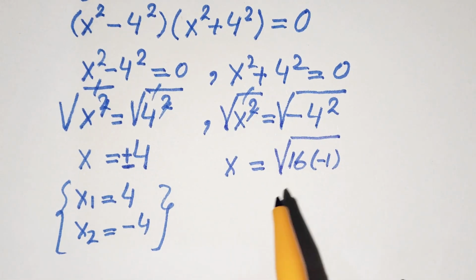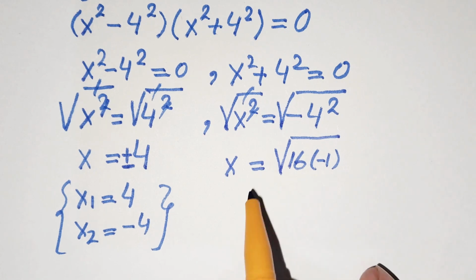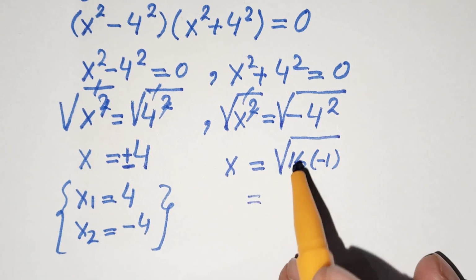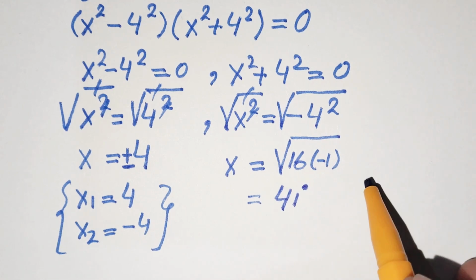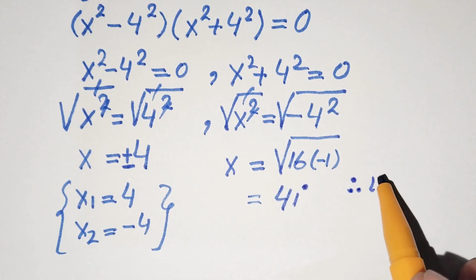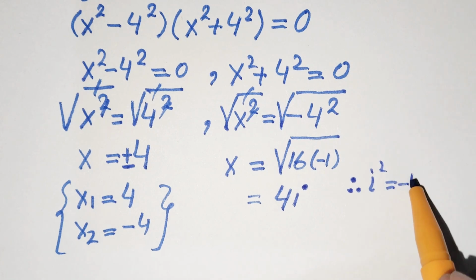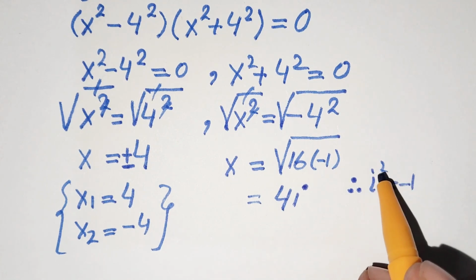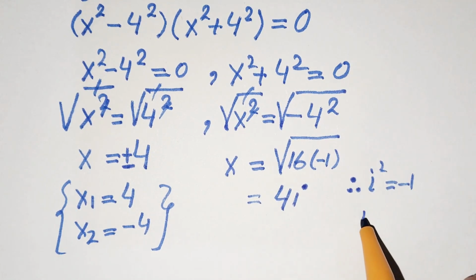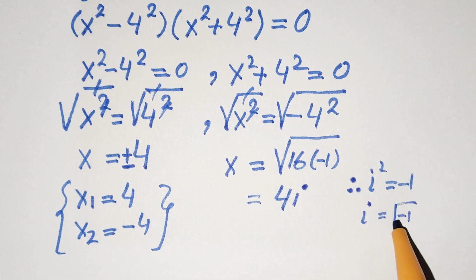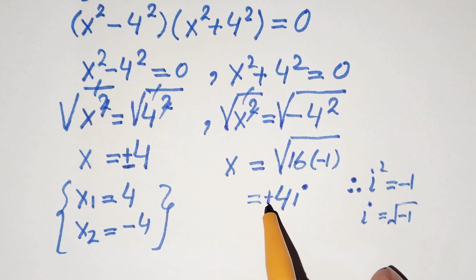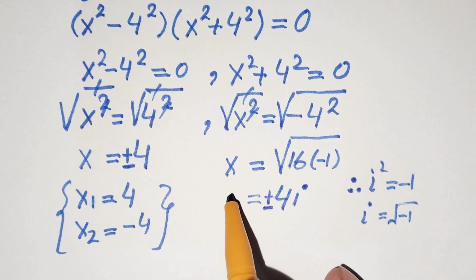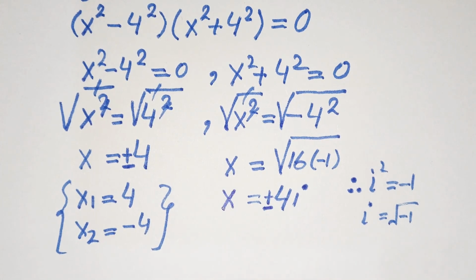Minus 1 is equal to i square, so the square root of 16 is 4 and the square root of minus 1 is i, because we know that i square is equal to minus 1. So it is equal to 4i, and we put plus minus 4i. So x is equal to plus minus 4i.